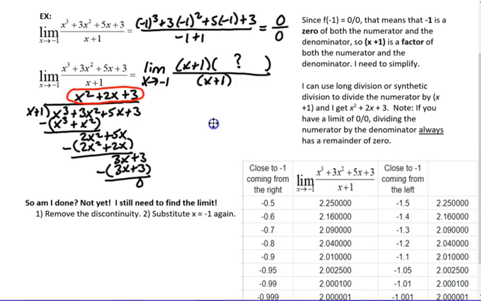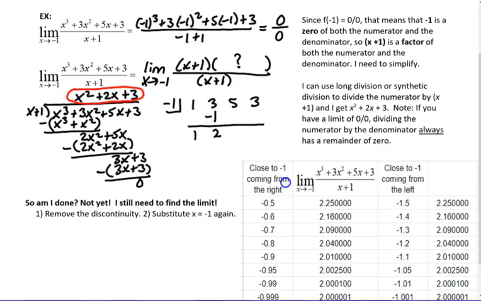Now, using synthetic division, recall that what goes in the box is the 0. So we put -1 in the box. We put the coefficients of our dividend, the big polynomial, the x cubed polynomial, in here. Bring down the 1. -1 times 1 is -1.